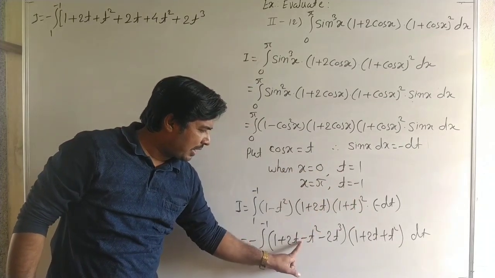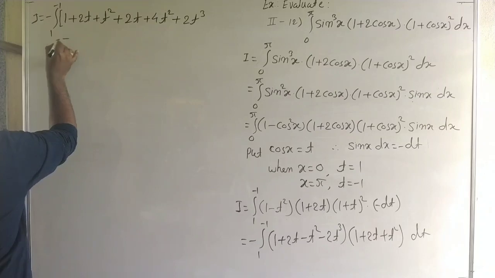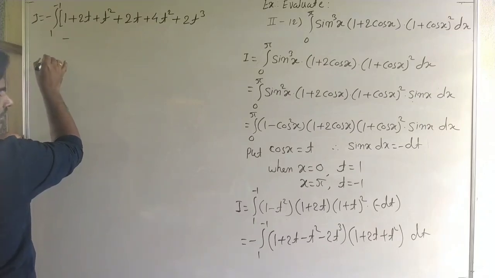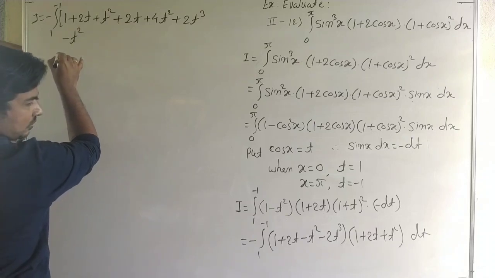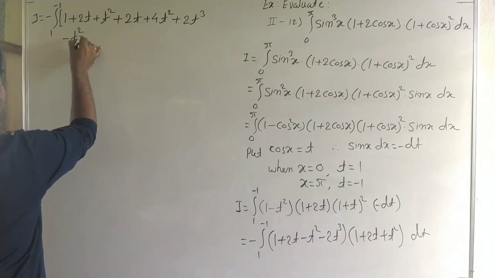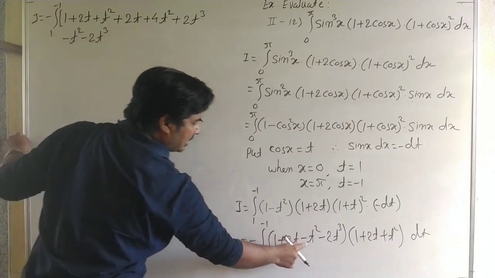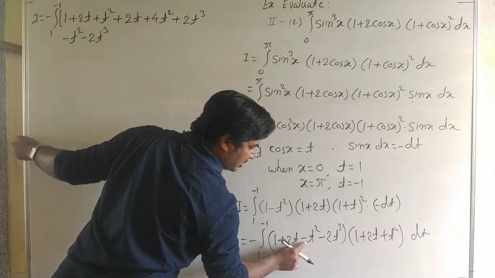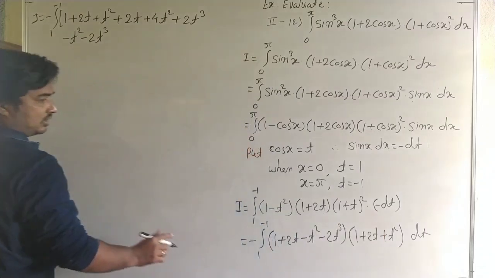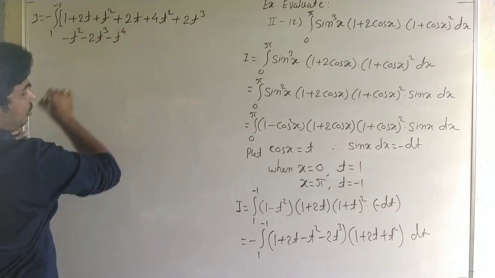Now multiply by minus t square to this bracket, then it is minus t square, minus 2t cube, minus t to the power 4. Now minus 2t minus t square plus t square, it is minus t to the power 4.